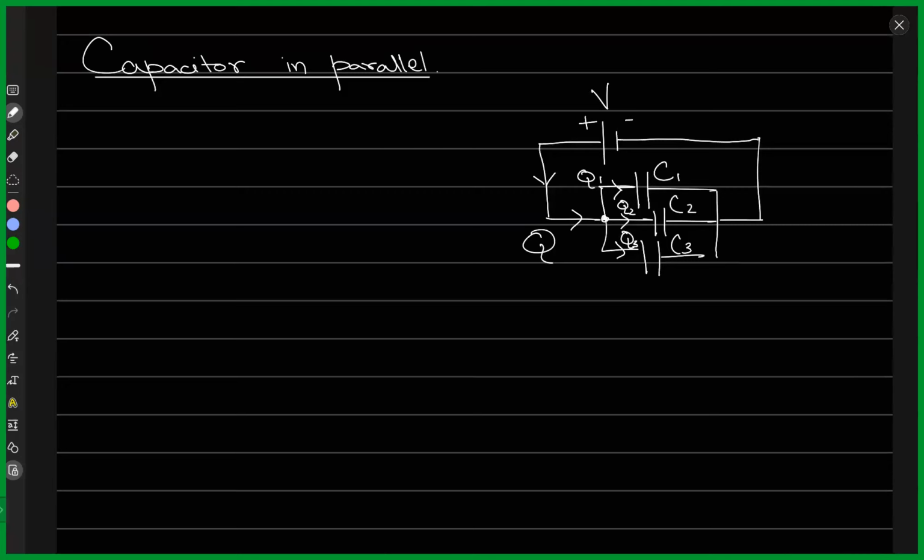First, let's try to understand the potential difference across each capacitor. Kirchhoff's second law is essentially conservation of energy. It's telling you about the conservation of energy. Kirchhoff's second law.